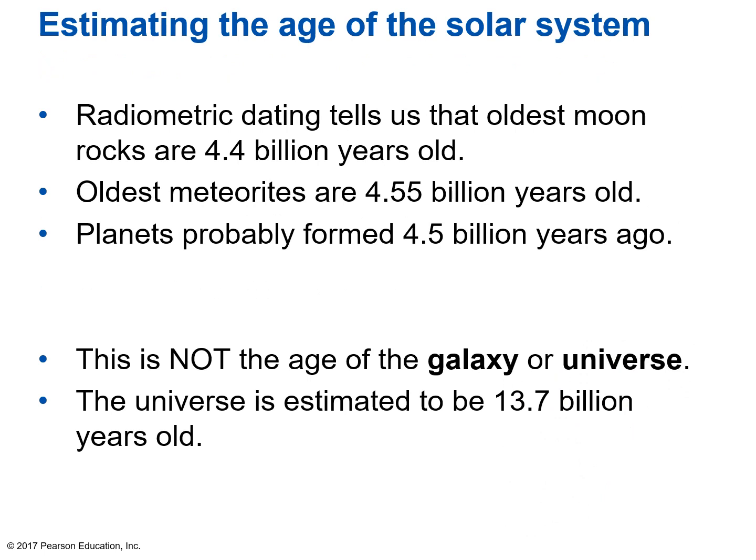So now let's bring this all to estimating the age of the solar system. Radiometric dating tells us that the oldest moon rocks are about 4.4 billion years old. And again, we use a variety of radioactive isotopes to do that test, and there's a pretty good consistency that the oldest moon rocks we found are 4.4 billion years old. The oldest meteorites are found to be 4.55 billion years old.